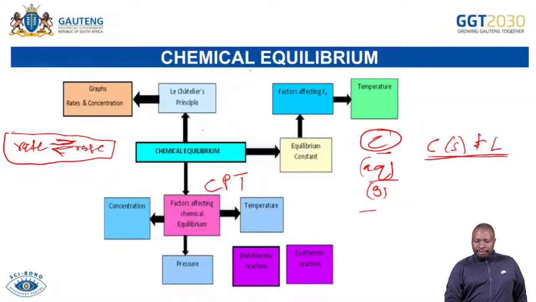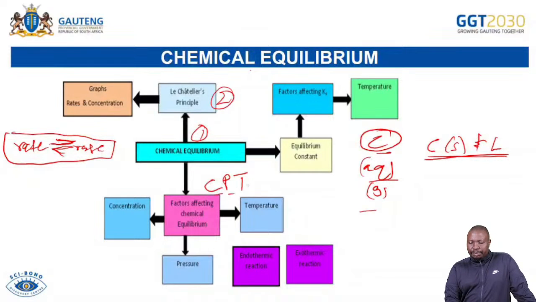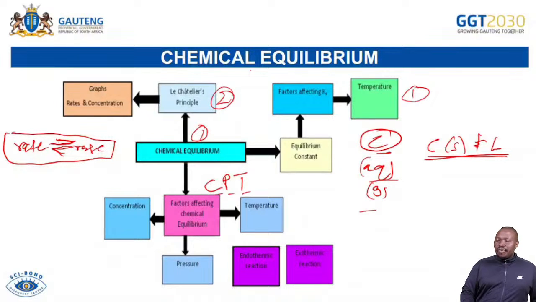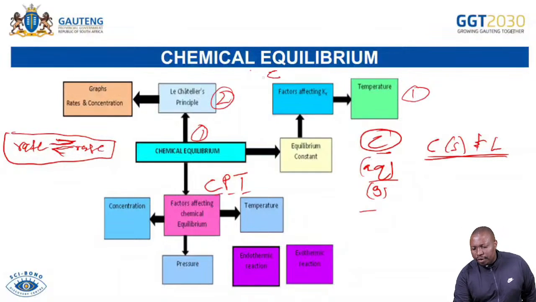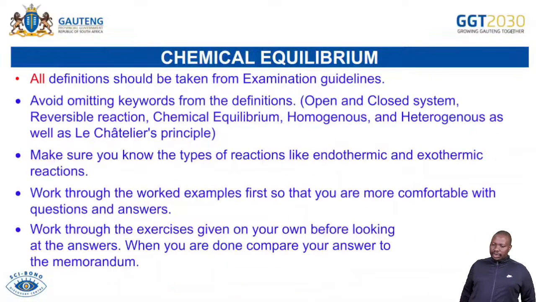So the important definitions are chemical equilibrium, Le Chatelier's principle, and the factors that affect it: concentration, pressure, and temperature. And you have your equilibrium constant. For the equilibrium constant, the only factor affecting Kc, guys, is temperature. And for Kc, we are focusing on aqueous solution and gases. We talk about the concentration of aqueous solution and gases. I hope you got that and were able to move.